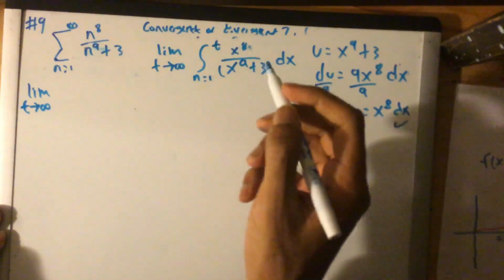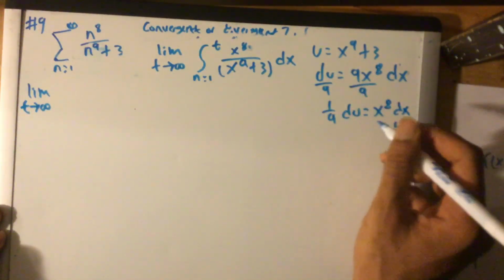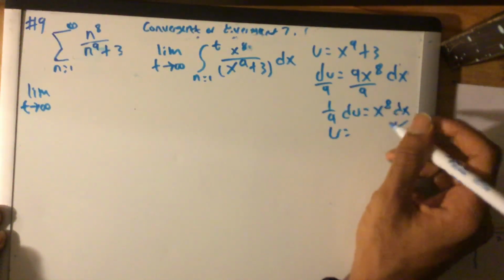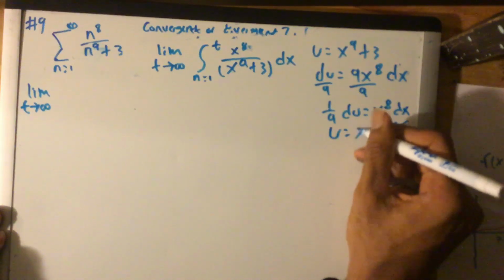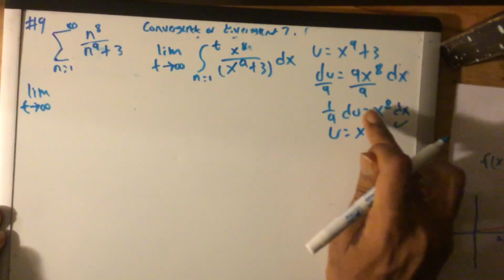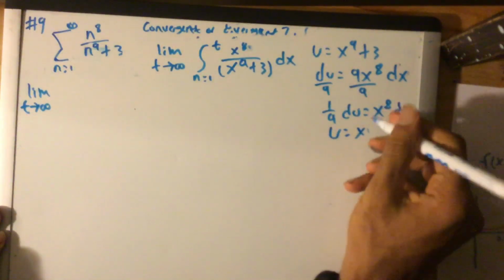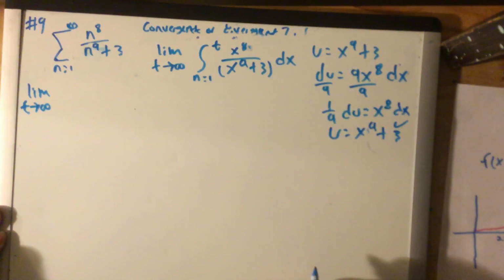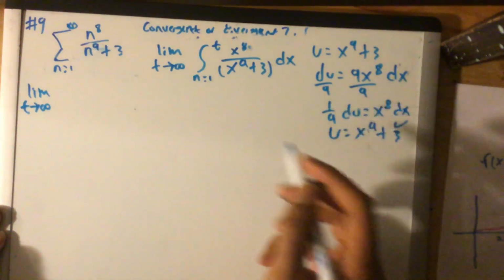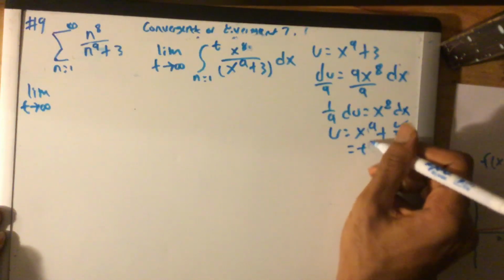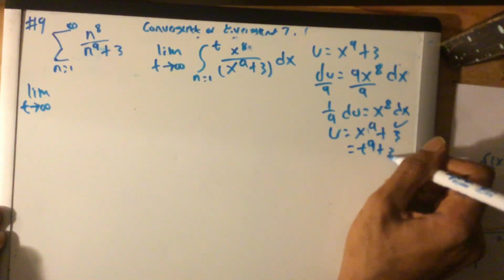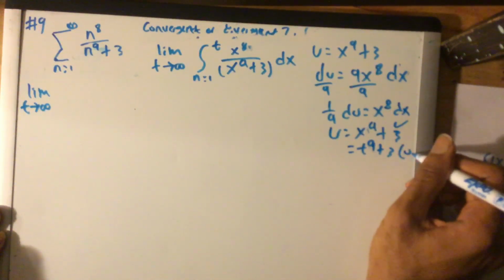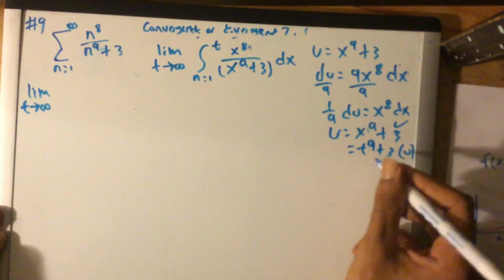I almost forgot. Because we're using u substitution, we have to change the bounds. So u is x to the power of 9 plus 3. For the upper bound, I put my t to the power of 9 plus 3.